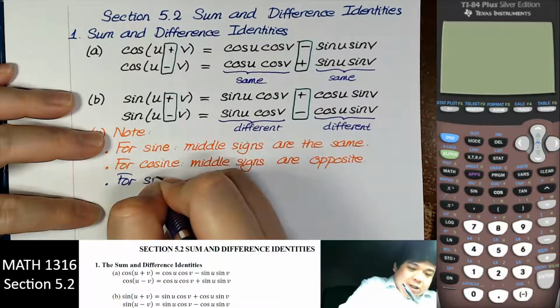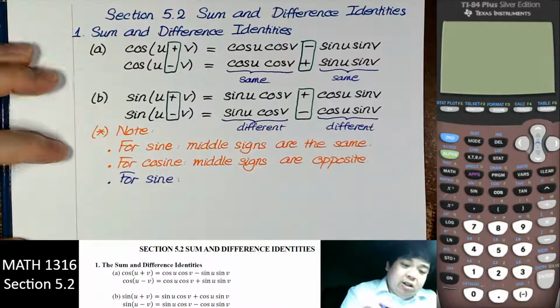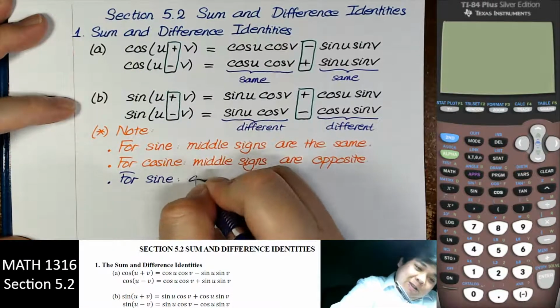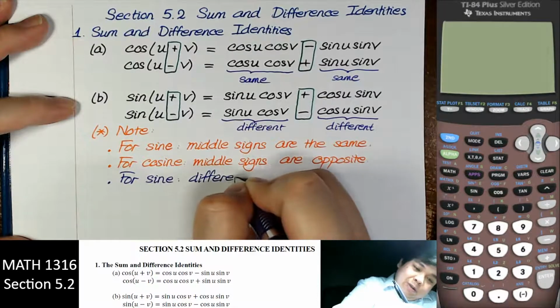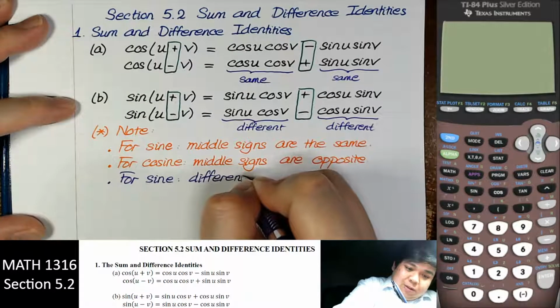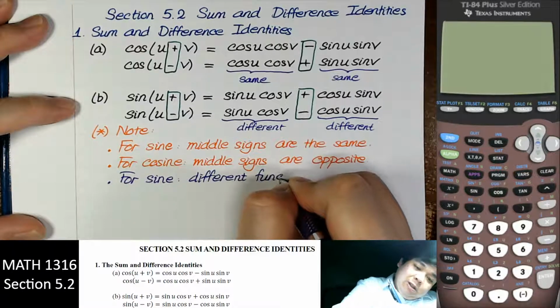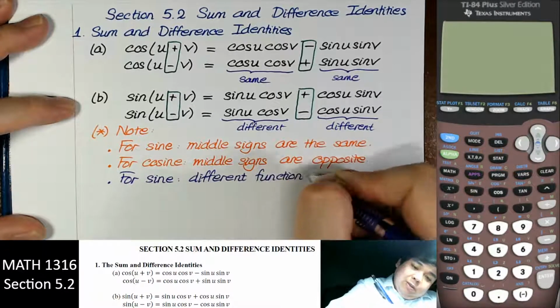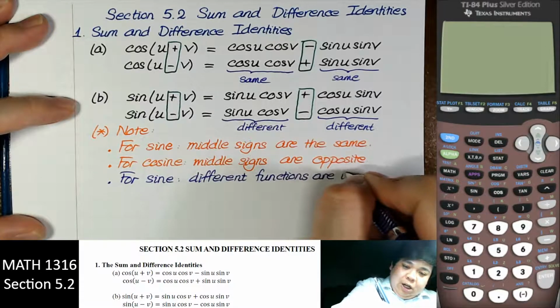For sine, the functions in the product are different. We have different functions in each product.